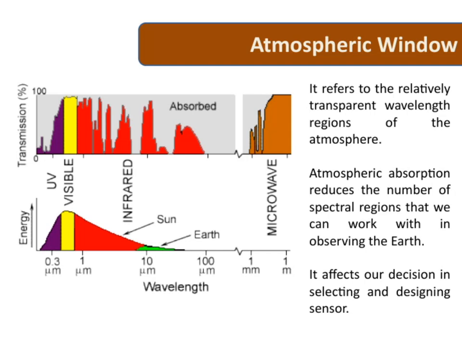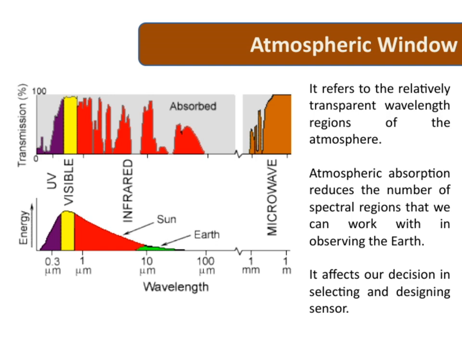When we talk about the atmosphere, it has certain regions known as atmospheric windows. These are the relatively transparent wavelength regions where the atmosphere doesn't absorb much radiation. This transparency is crucial because it allows us to observe the Earth more effectively in those specific wavelengths. However, atmospheric absorption does pose some challenges.